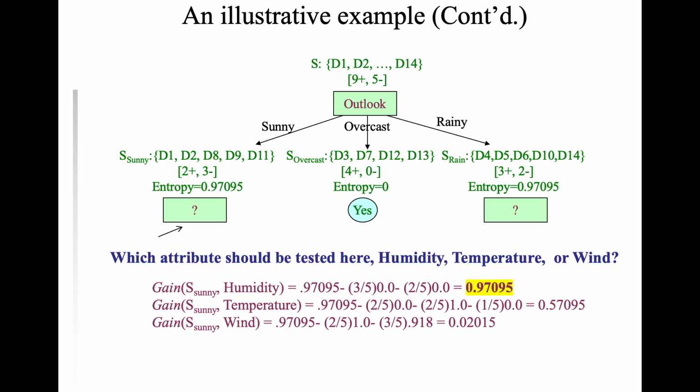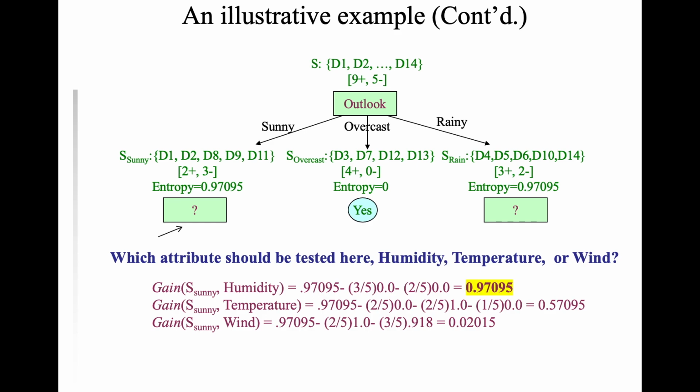What other features do we have except the outlook? We have humidity, we have wind, or temperature. So here, this could be either humidity, it could be wind, or it could be temperature.